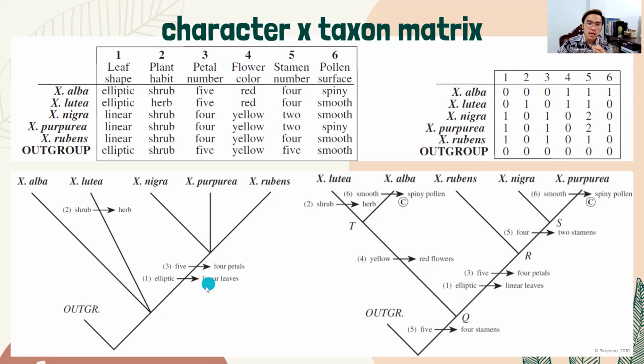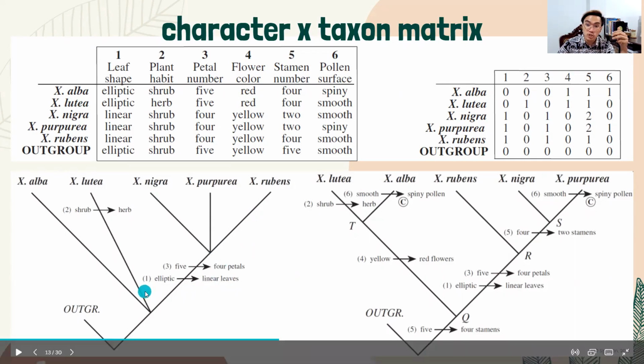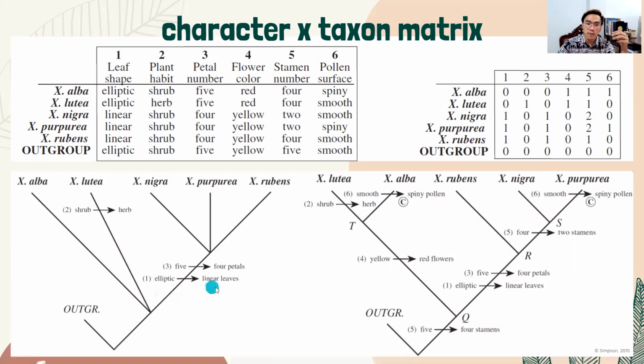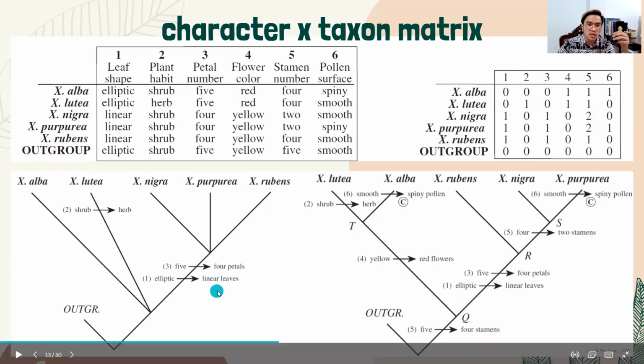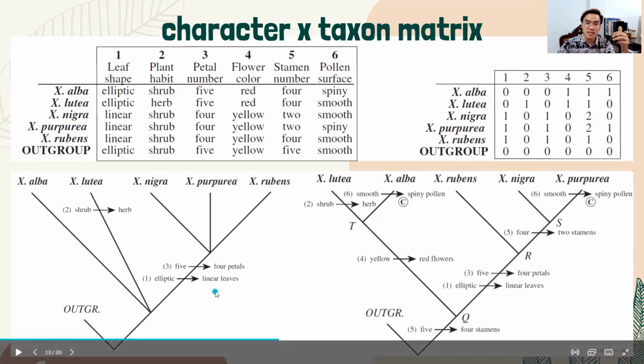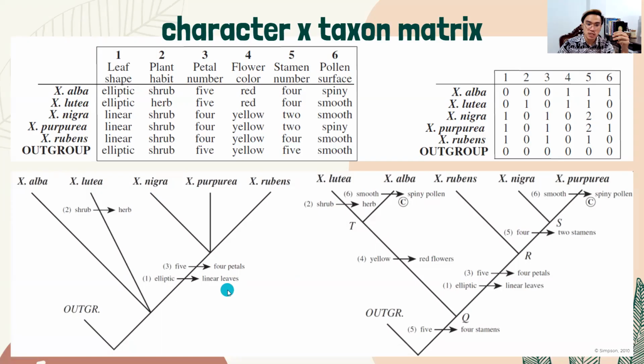Okay. And just to make sure that we know why they are grouped together, that's because of character 1. They all have, for character 1, what kind of leaf shape? Linear leaf shape. So we say that linear leaves essentially transformed from another form, which is what the outgroup usually exhibits, in this case elliptic.